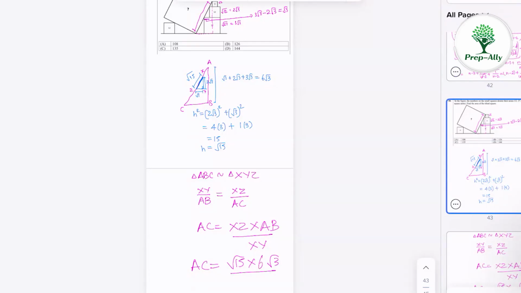And XY is 2 root 3. So 2 root 3 gets cancelled out and we have AC equals 3 square root of 15.